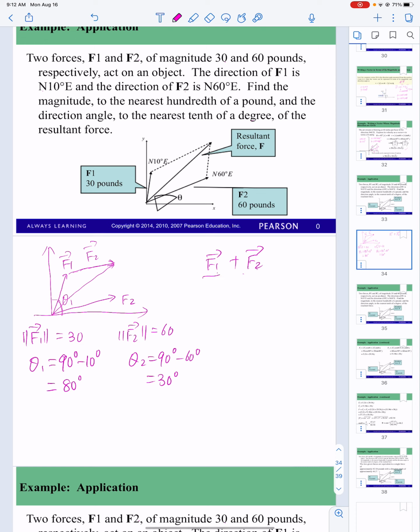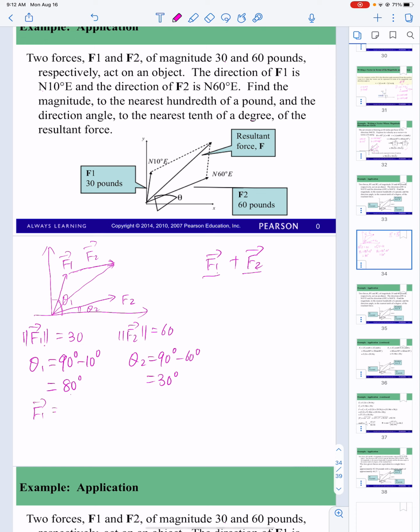What we want is F1 plus F2, the addition of two vectors. First, we need to find these two vectors. We only know the magnitude and the angle. Could we write the vectors? Yes.